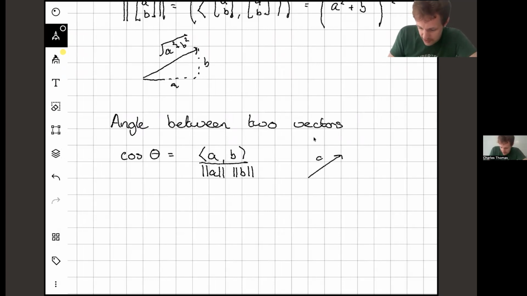If I have some vector A, vector B, there's an angle between them, and the cosine of this angle is defined by this.